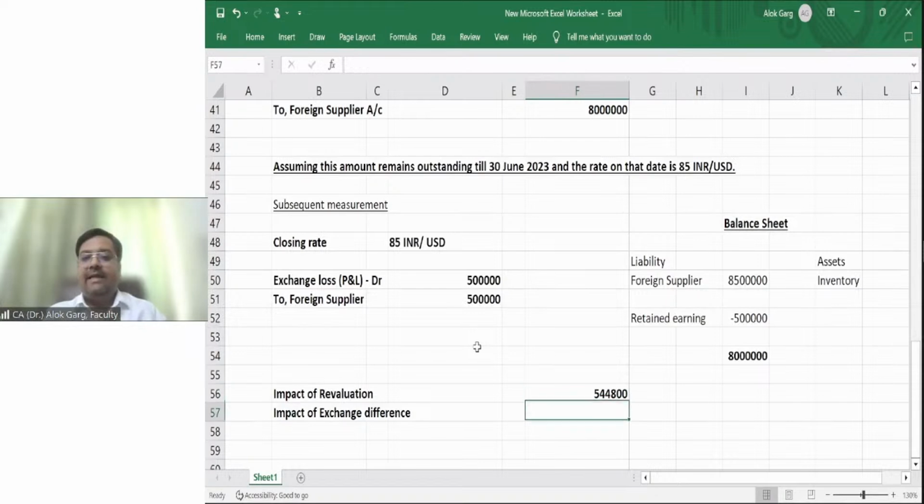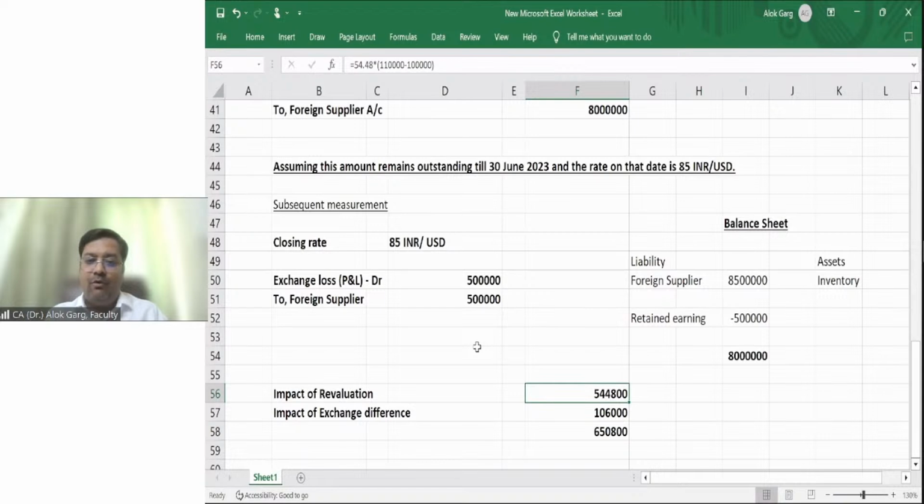Second, what is the impact of exchange difference? 1 lakh, the old value, multiplied by the new rate minus the old rate. Old value multiplied by the change, meaning what change came in my old value due to exchange difference? That is my impact of exchange difference. So this will go to OCI, right? This will go to OCI.